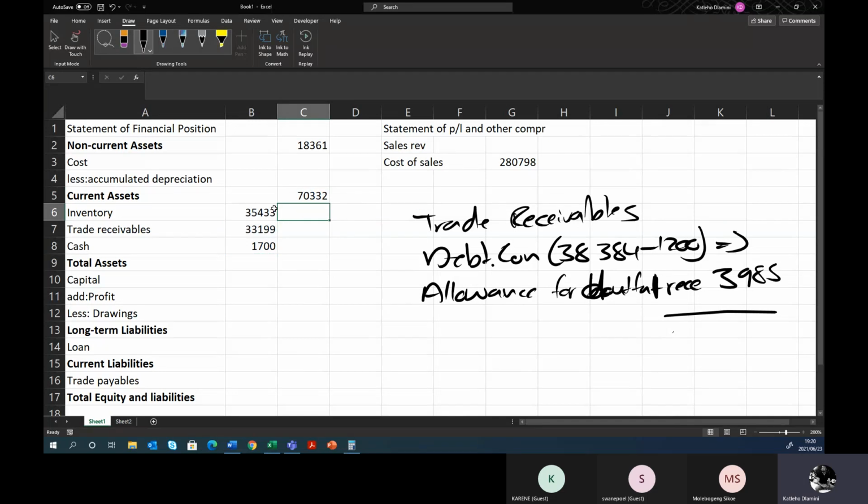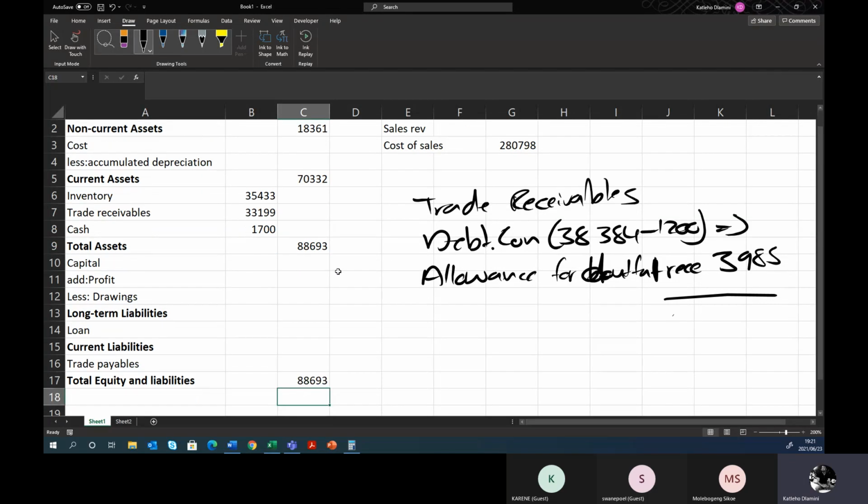I have 70,000 and whatever over there. And then I'm going to have the sum of these two, just the 88. So now this is immediately going to be our total equity and liabilities, right?